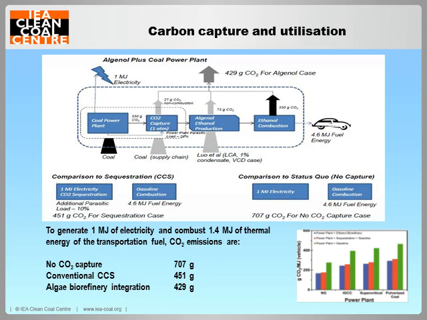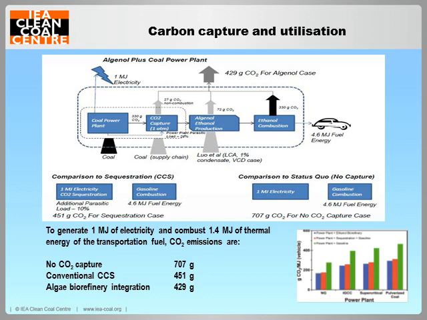The same calculation was carried out for another 3 different power plants, namely natural gas, IGCC, supercritical coal. As you can see from the bottom figure, all 4 power plants yield the same conclusion, that is, an integrated algae ethanol biorefinery can make significant CO2 reduction.